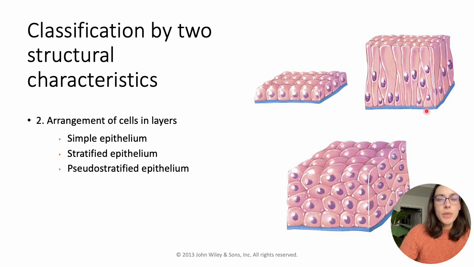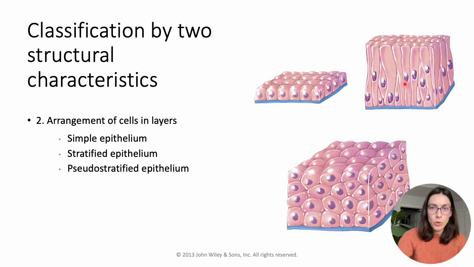Pseudo-stratified epithelium is when you have a single layer of cells, meaning it's really simple epithelium, but because the cells are not all the same shape and size, if you were to look at it under the microscope, it kind of looks like it's many layers. See how the nuclei are in different places and the cells are kind of different weird shapes. So it looks like it's multi-layers, but it's not.